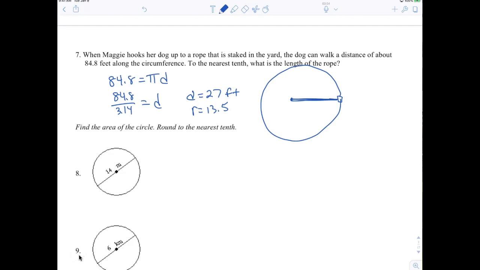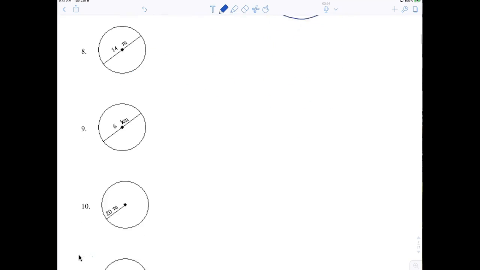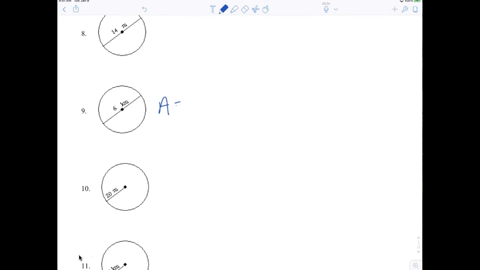All right. Now we're doing area. What was the formula for area of a circle, guys? A equals pi r squared. What's the radius here? I'm on number 9. 3 squared.